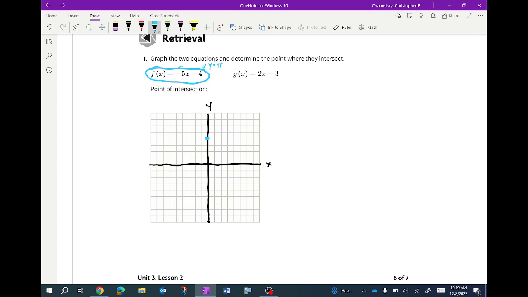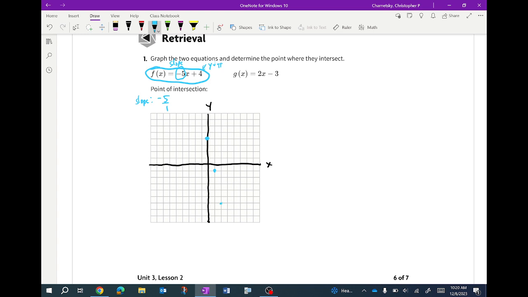And then here is our slope. It is negative, so this is a slope of -5 over 1. So that means we go down 5, 1, 2, 3, 4, 5 over 1. Down 5, 1, 2, 3, 4, 5 over 1.